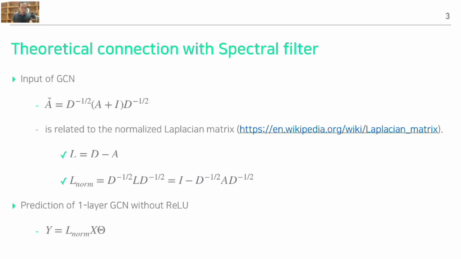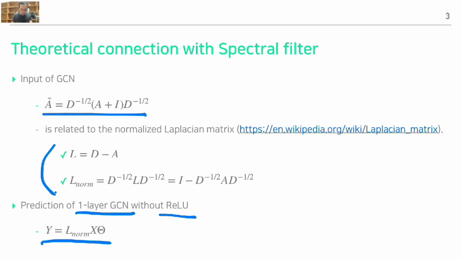So we already understand the input of GCN right now, and it is computed from this. Based on this, when we ignore the ReLU activation function, a one layer GCN is the same as this function.